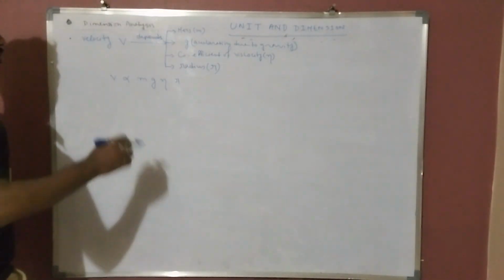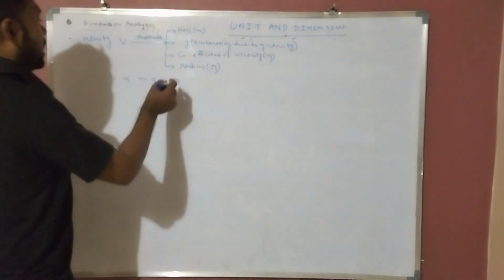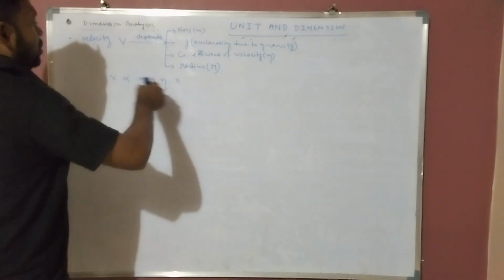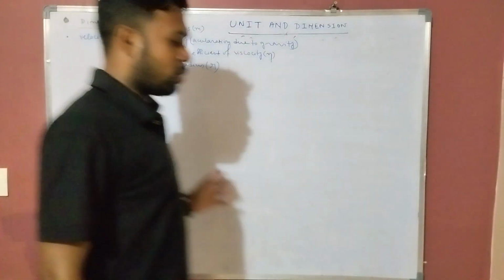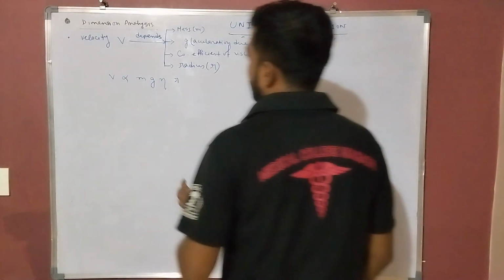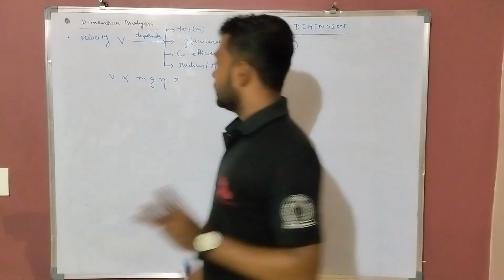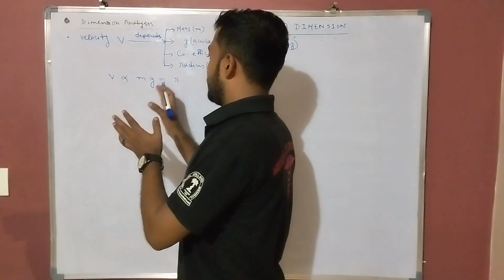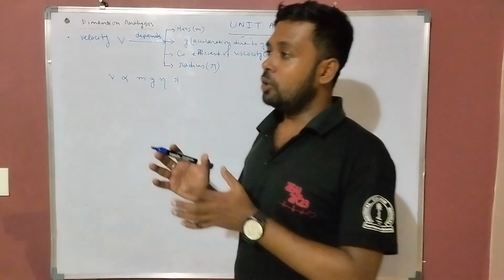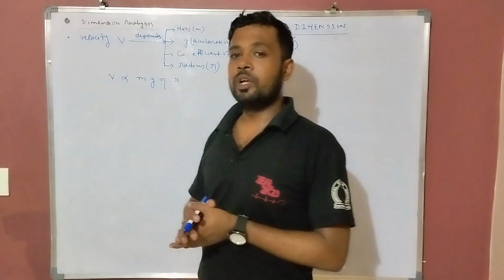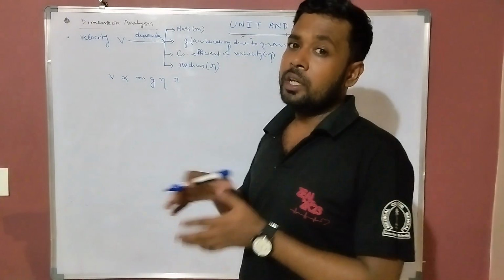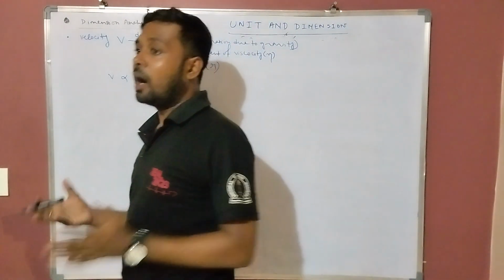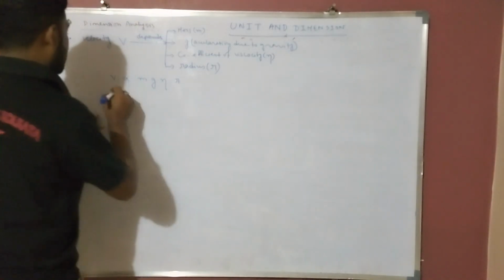If there are 4 quantities, then in this type of problem you have to take only 3 quantities. If there are 4 quantities, it will be very problematic for you. So at first you have to convert these 4 quantities into 3 quantities. How? I am showing you.